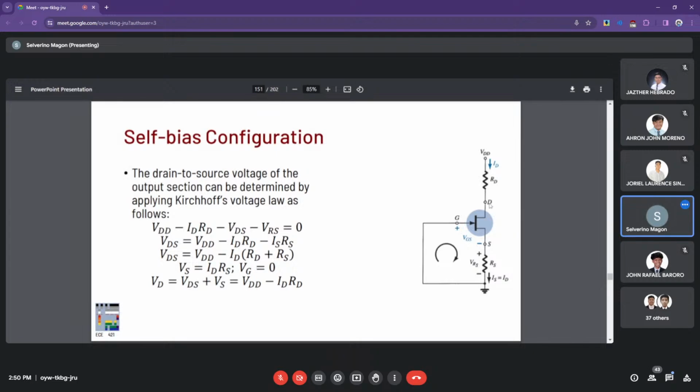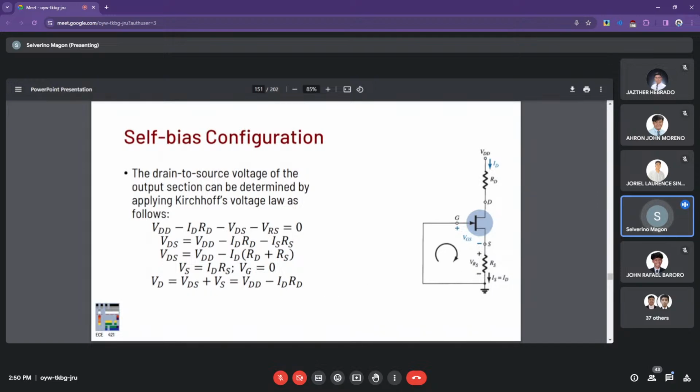VD here is now VDS minus VS. So that's the difference from the fixed bias. For the fixed bias, you don't have any components in the source connection. But in the self-bias, this will be included in the calculation.